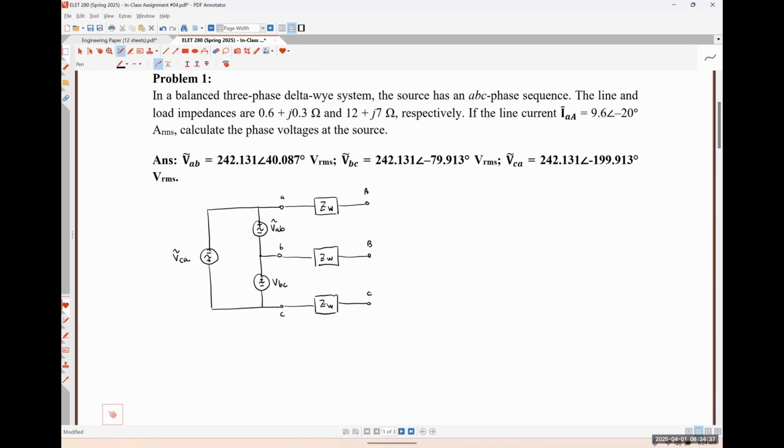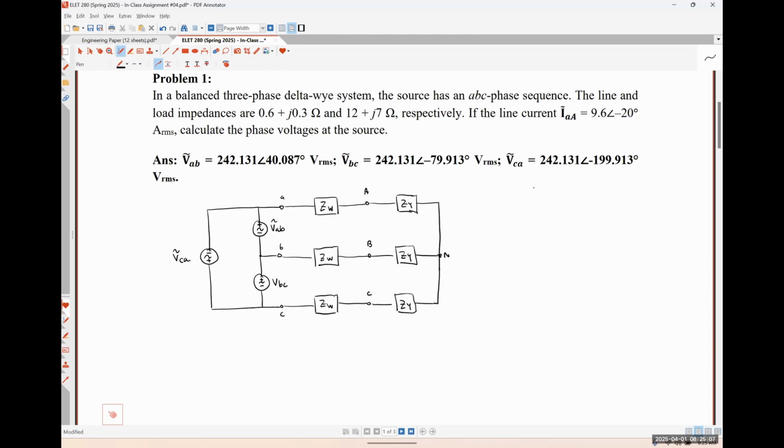And lastly, I have a Y connected load. So that's going to be ZY here, and here, and here, like so, with all of these connected together at the load side neutral. So that's capital N.